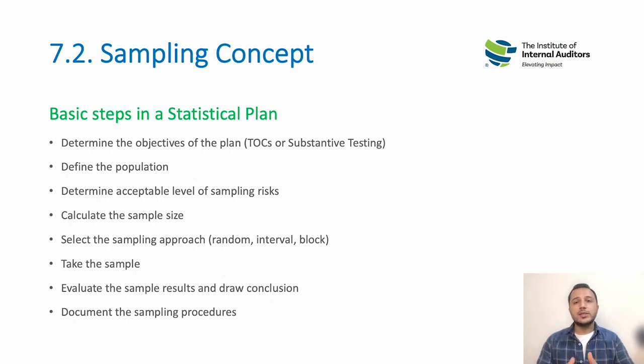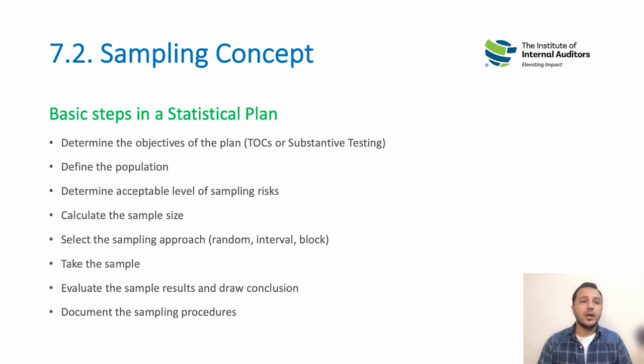To test that those procedures are effective, and that the design is able to reap the objective of the control in order to manage the risk, we perform substantive testing. Substantive testing is more towards numbers, transactions, and values, and the test of control is more toward the design of the control.